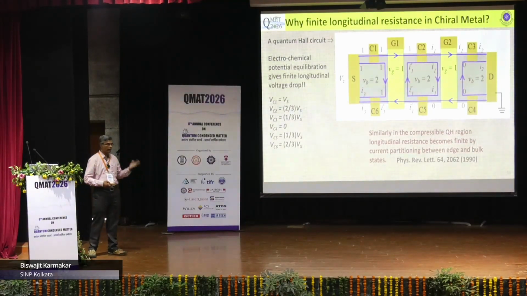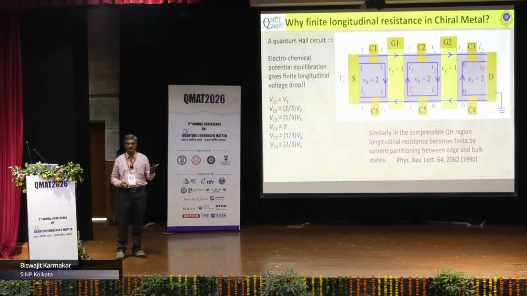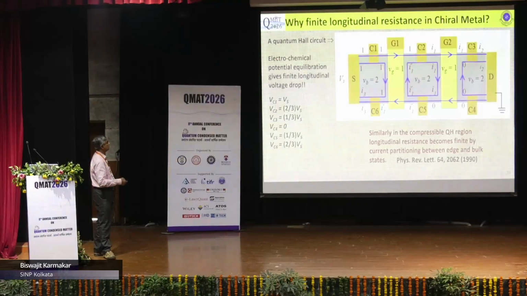Now the thing is, why is this longitudinal resistance finite? So this is a typical example of quantum Hall circuits. We put the gate across the channel, and we put the filling fraction nu equal to 2. Basically one mode is transmitting directly and the other one is rotating, and we put whatever current and we excite with the voltage and see how, with Landauer-Büttiker formalism, we calculate what the voltages are here.